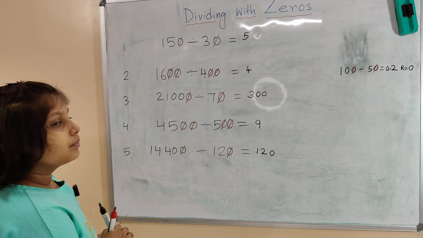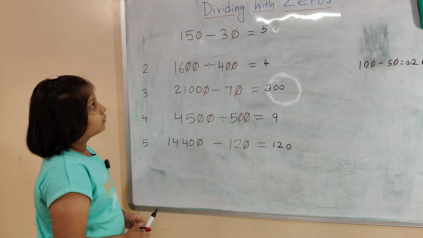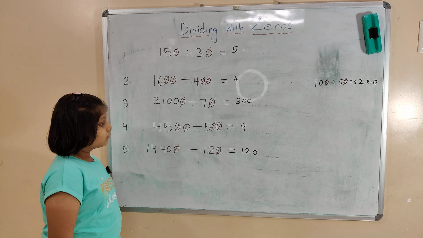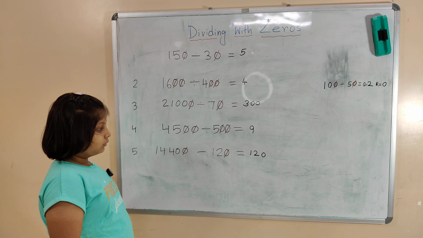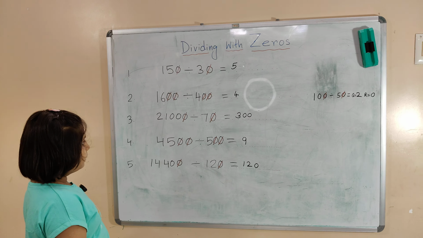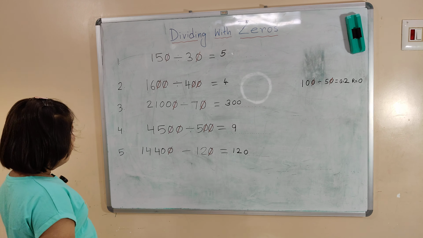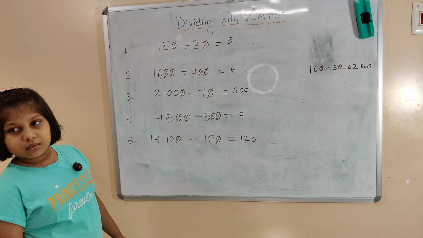This is the magic trick of zeros while doing divisions. We can only follow these tricks if the number ends with 0 or zeros. So big numbers, 21,000 divided by 70, we can do division within seconds.